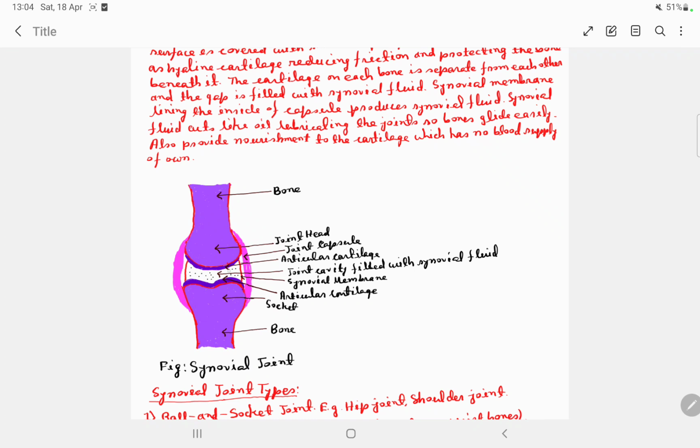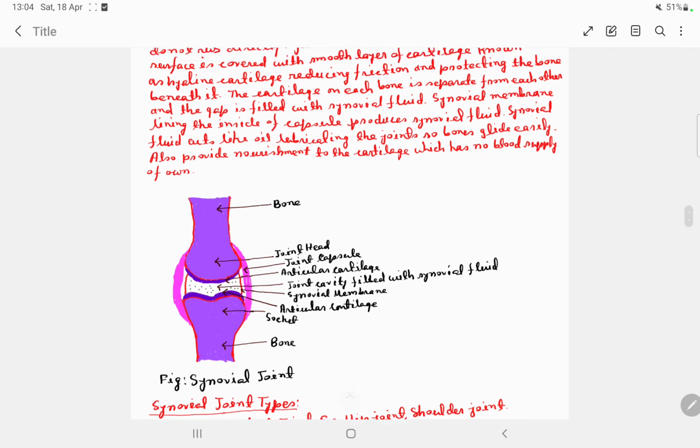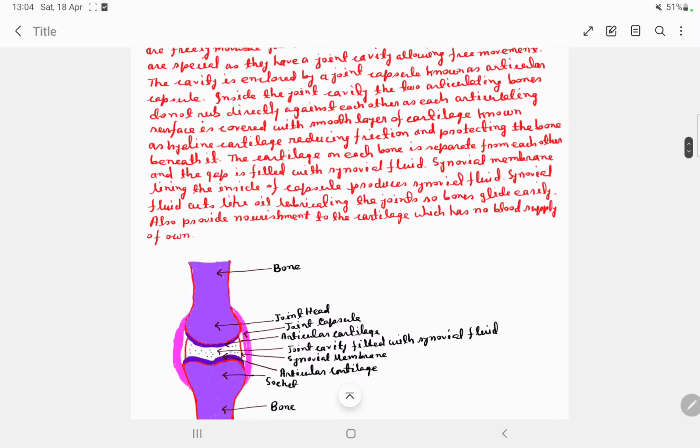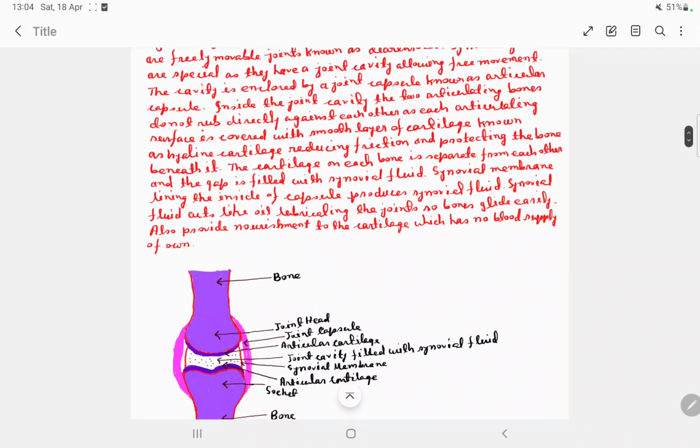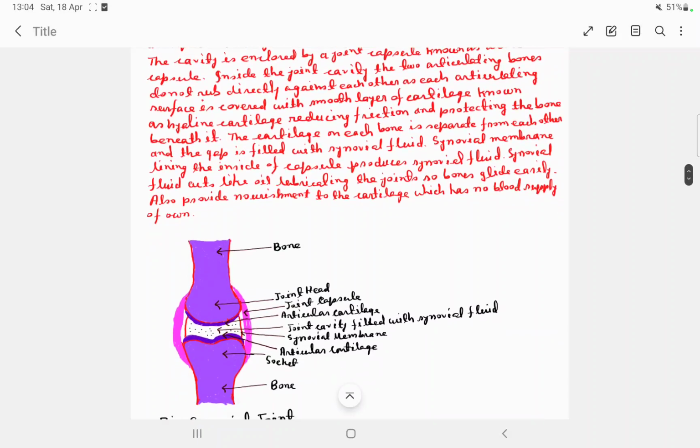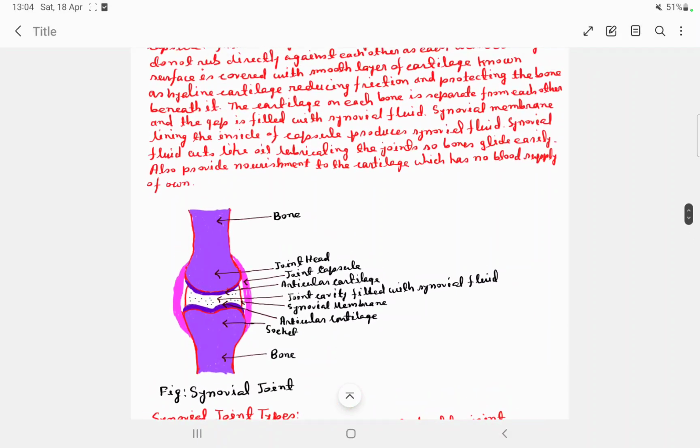This is the articular cartilage, that is the cartilage which covers the articulating surface of each of the bones. This is the joint capsule, this is the synovial membrane, and this space is filled with synovial fluid, and this is the capsule portion.